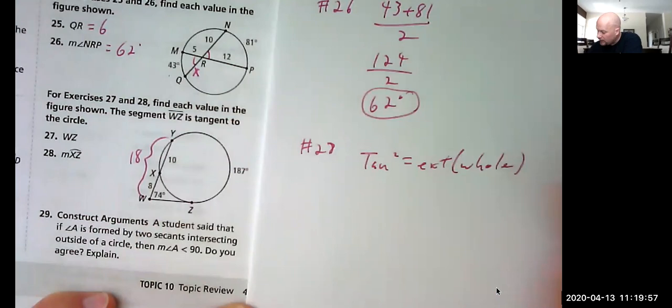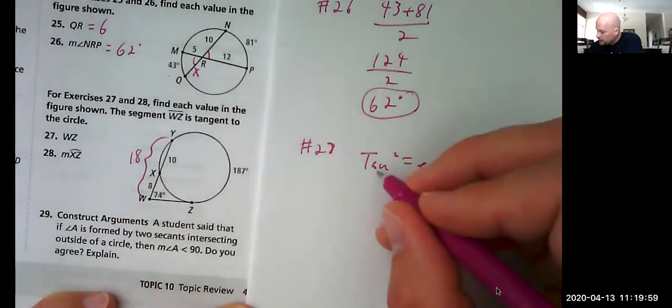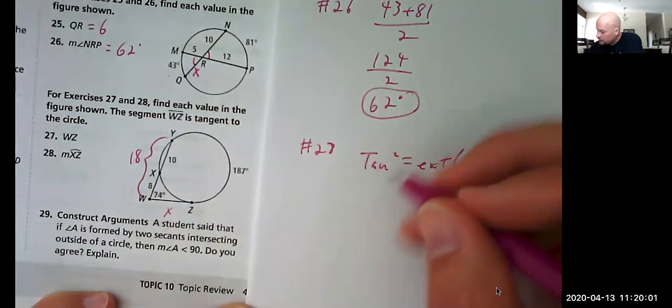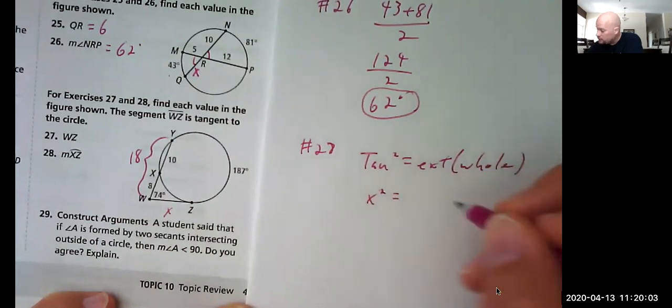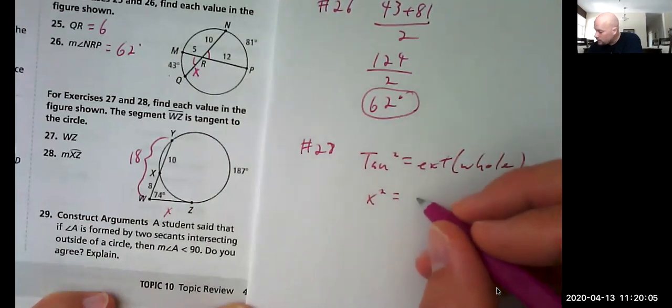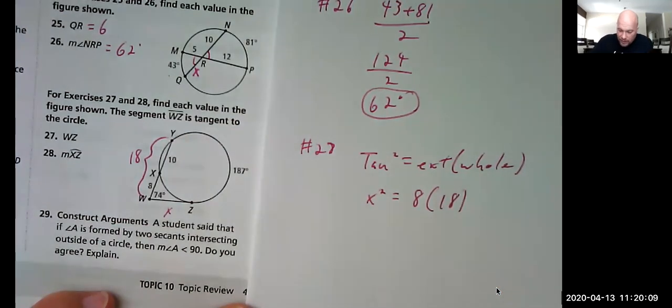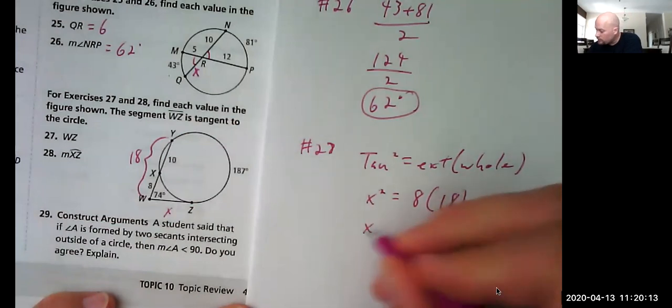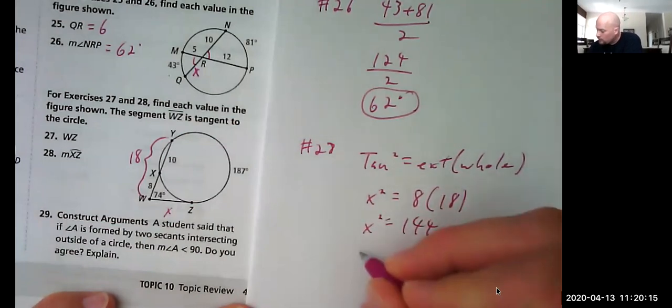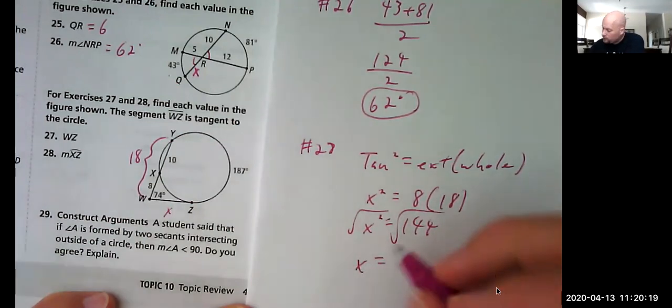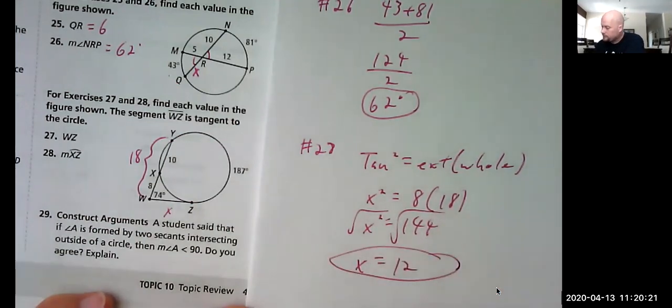The exterior is 8. The tangent is what we're looking for, so I'm going to call that x. x squared equals 8 times 18. 8 times 18 is 144. So we're going to have the square root of 144, which is 12.